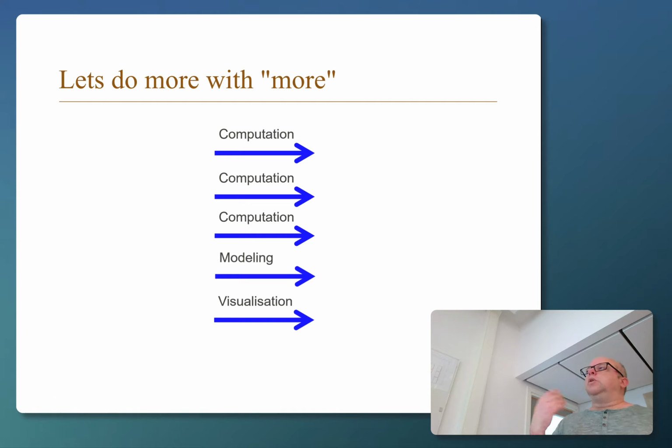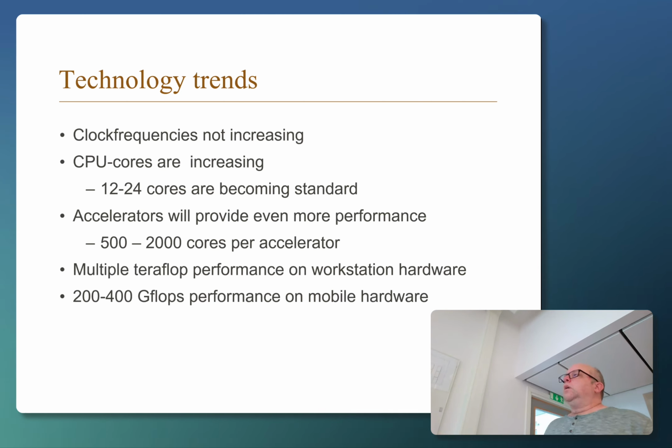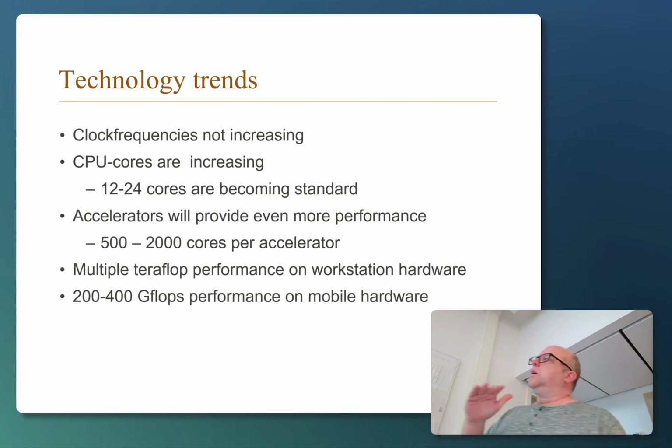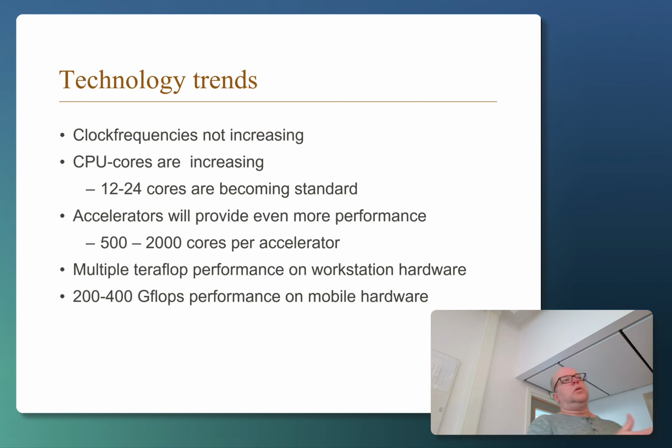We can do it in the background, and when we change things, we can send it in the background and do the calculation again. The trend today is that clock frequencies in our computers, how fast they are, are not increasing. But what is increasing is that you get more and more cores. In a normal Mac today we have 8 cores, so 8 simultaneous tasks that you can do at the same time.